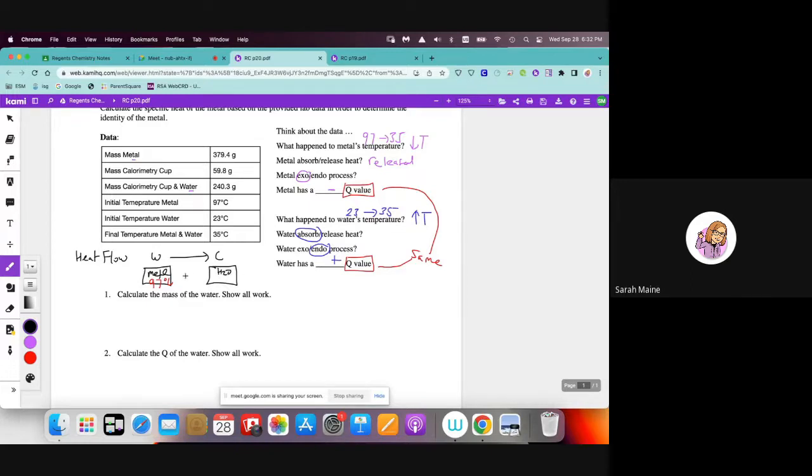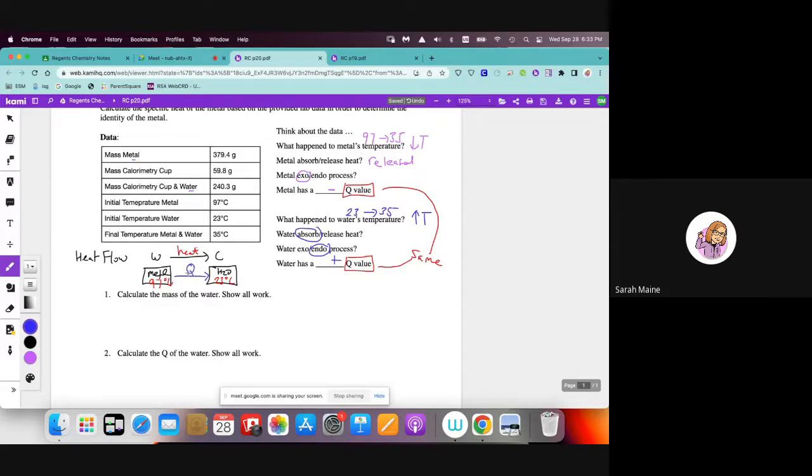And at some point in the lab, the metal and the water are going to be in contact with each other. And the water's starting temperature is 23 degrees Celsius. So the metal being warmer, it is going to transfer heat to the water because the metal has a higher temperature than the water. The number of joules of heat is Q, right?